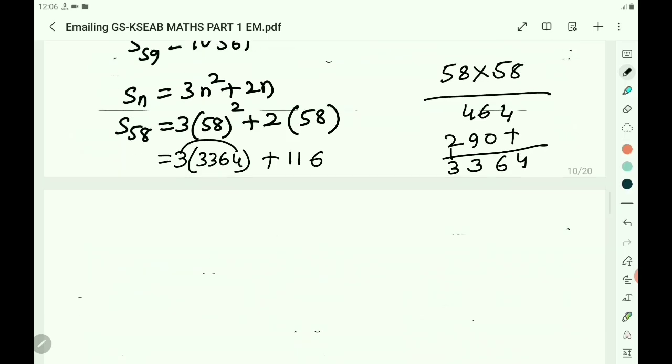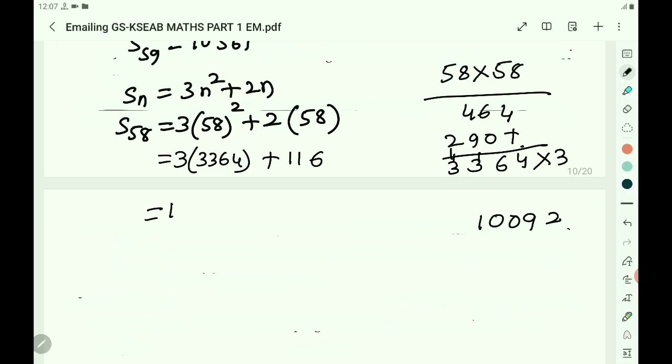Then you multiply 3,364 by 3. 3 4s are 12, 1 carry. 3 6s are 18 plus 1, 19, 1 carry. 3 3s are 9 plus 1, 10.